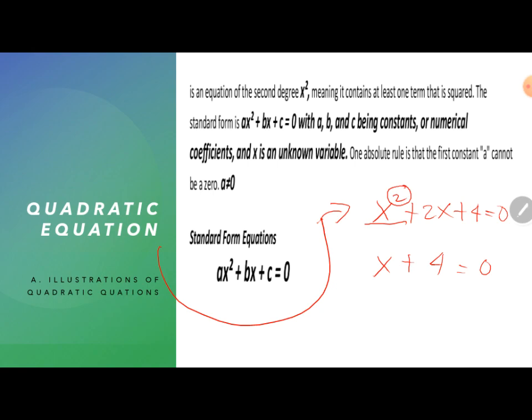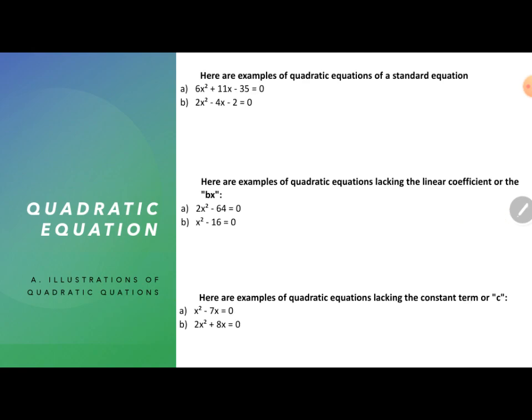So is this clear? Next, here are certain examples of quadratic equations. As you can see, all the examples here contain a degree of 2. It's because they are all quadratic.